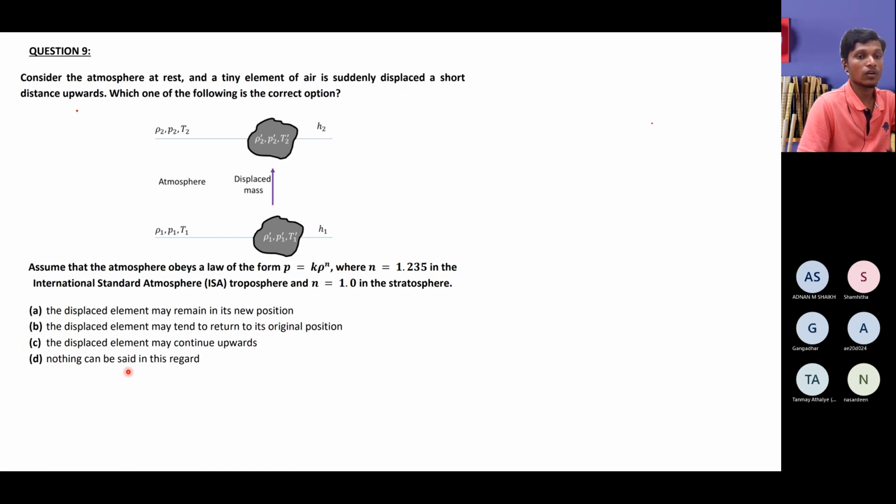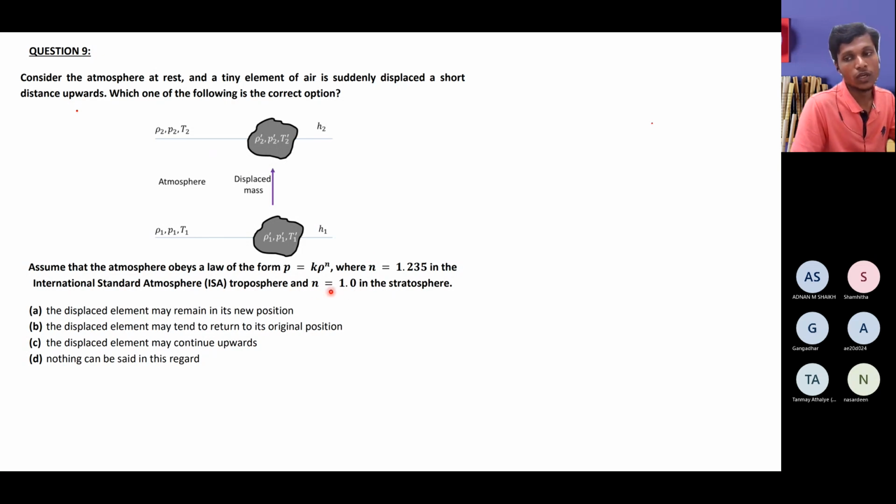I need to give some conceptual understanding before explaining how this particle behaves. We only have some information: E equals K rho to the power n, which is the standard law that we follow, with n equals 1.235 in the international standard atmosphere troposphere, and n equals 1.0 in the next layer.